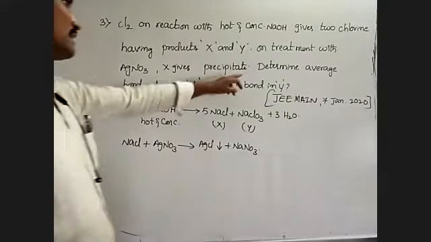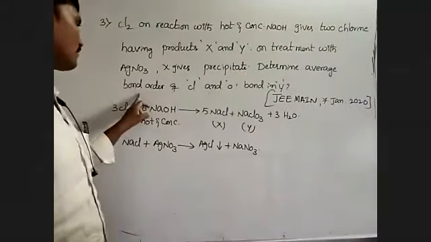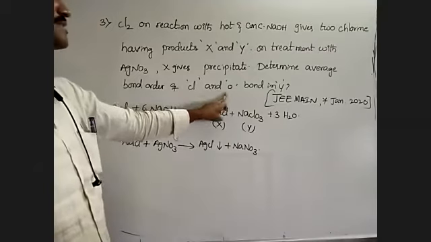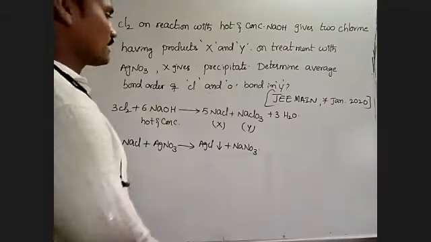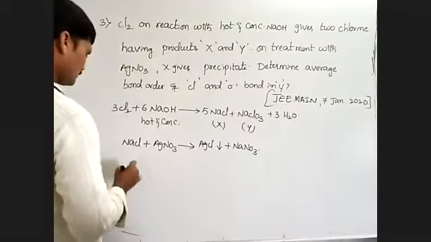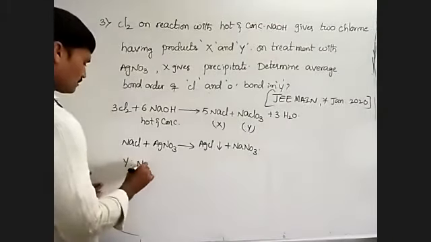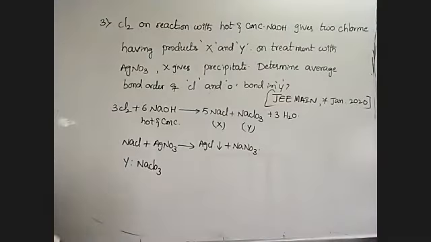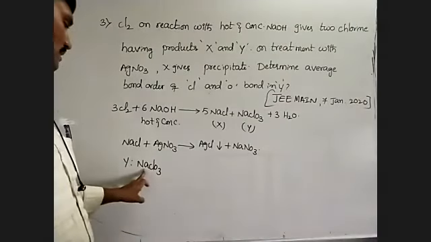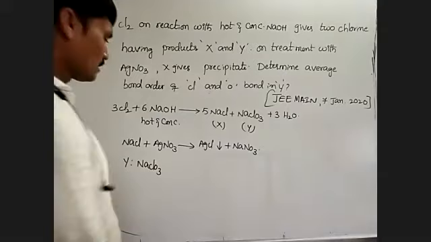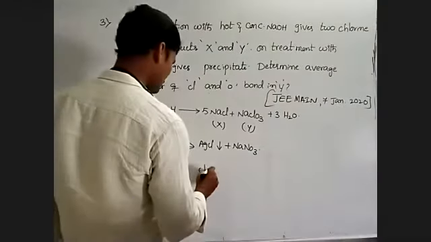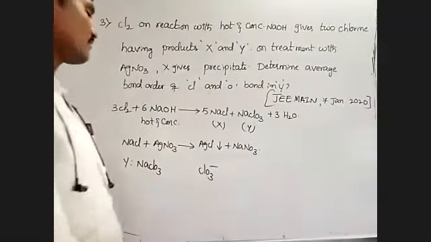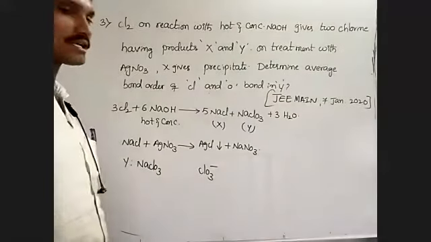Determine the average bond order of the chlorine and oxygen bond in Y. What is Y? NaClO3. On splitting, it gives Na plus and ClO3 minus. So in ClO3 minus, we need the average bond order between chlorine and oxygen.